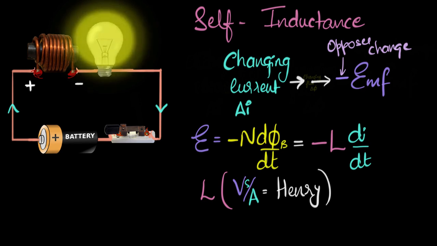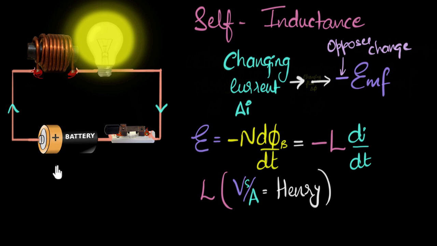And eventually, once it reaches that max value of 1 ampere, the current no longer changes. Di over dt becomes 0. And once that happens, there is no longer an induced EMF. The inductor is happy because the current is not changing anymore. Remember, the inductor has no problems with the current. It's the change in the current that the inductor has a problem with. Yes, I'll keep saying it until you get it, because this can be confusing.